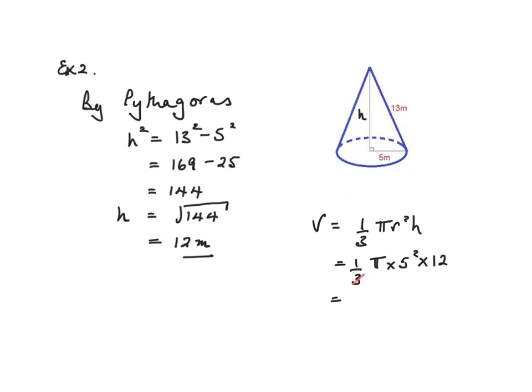So 3 divides into itself once and into 12 4 times. 5 squared is 25. 25 times 4 is 100. So what we have here is 100 pi. 100 times 3.14 is 314. So it's possible to do this calculation without using a calculator.